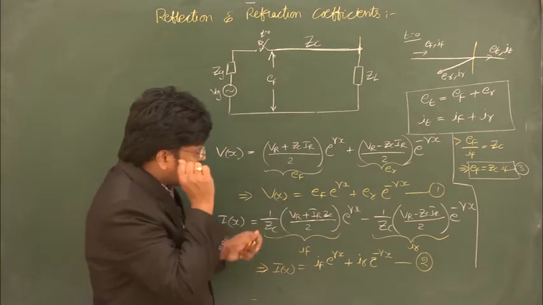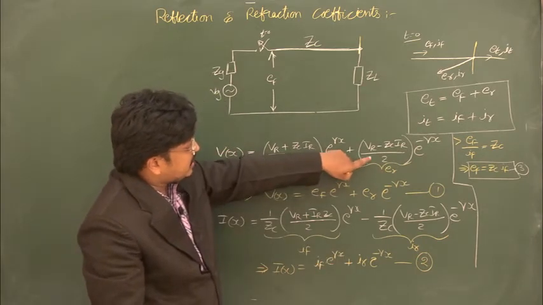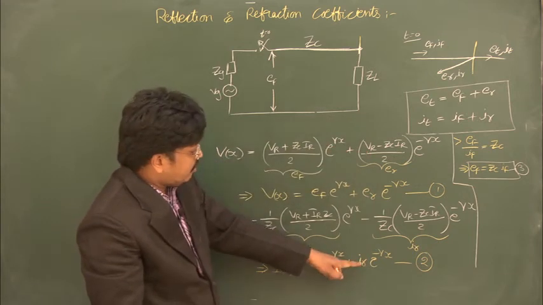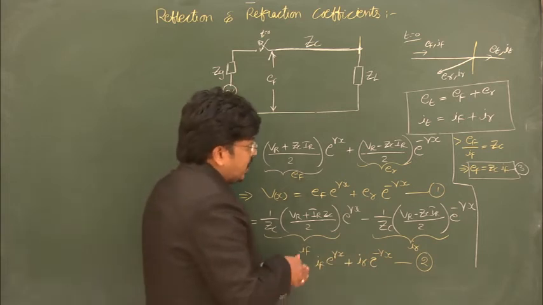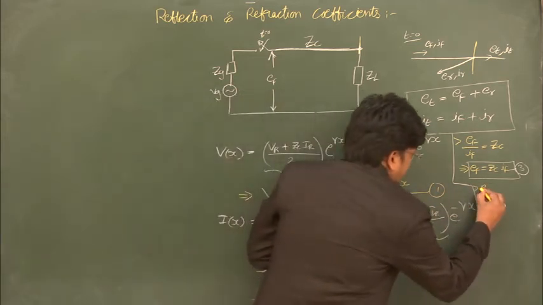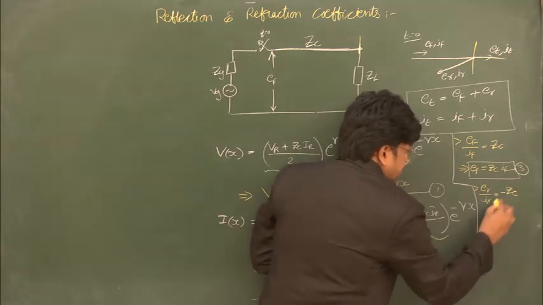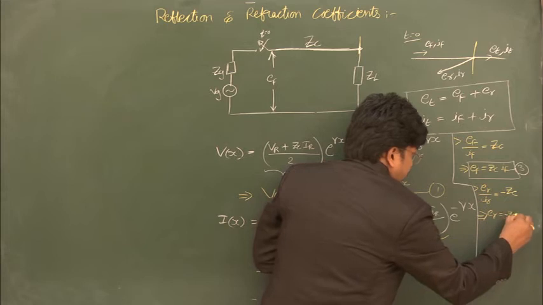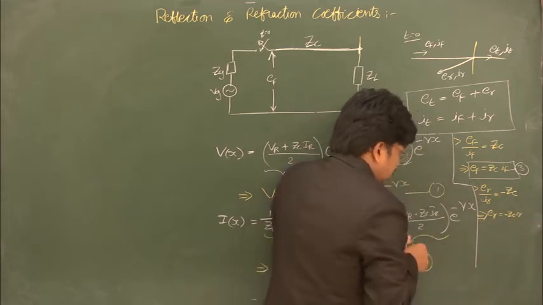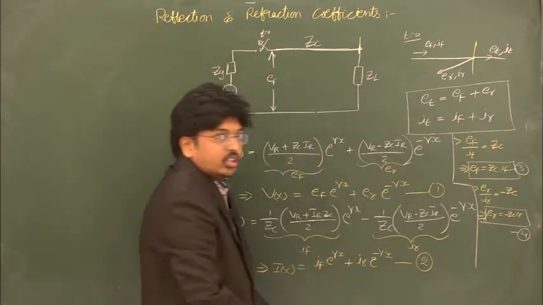In a similar manner, if you divide ER by IR, where ER is (Vr − Zc IR)/2 and IR is −1/Zc (Vr − Zc IR)/2, we will get ER by IR equals minus Zc. So ER equals minus Zc IR. Let this be equation number 4.